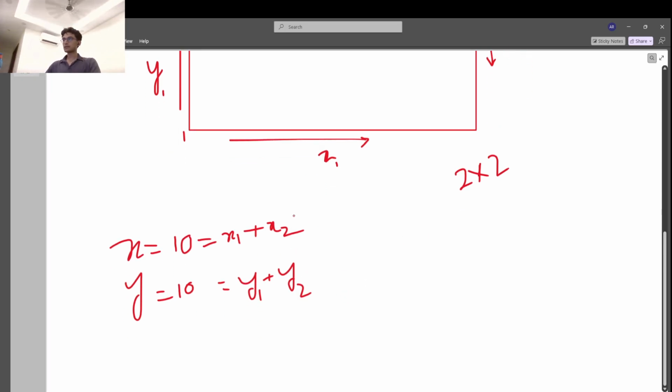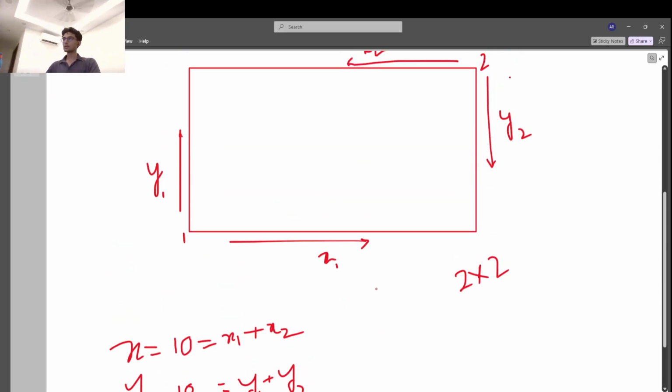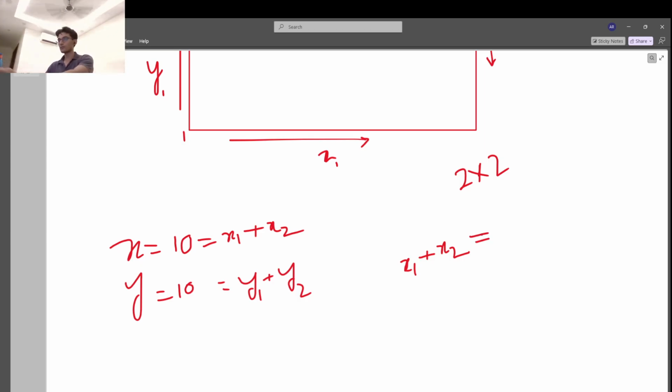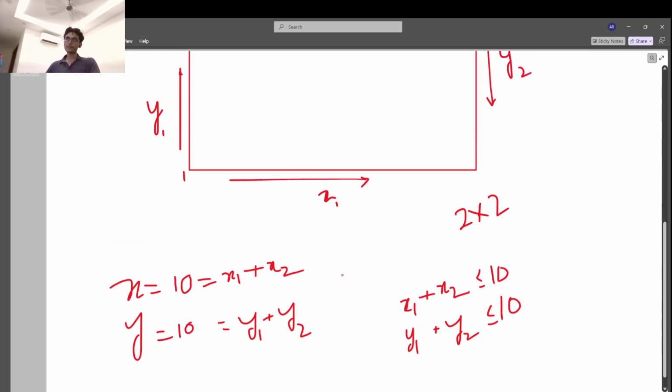So these are constraints in our economy, where x1 plus x2 should be less than or equal to 10, and similarly y1 plus y2 should be less than or equal to 10.